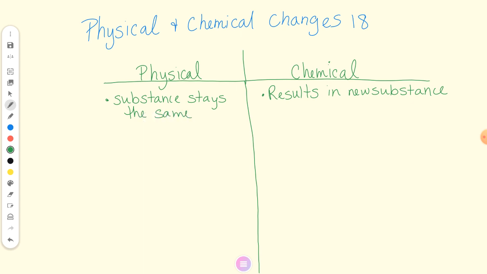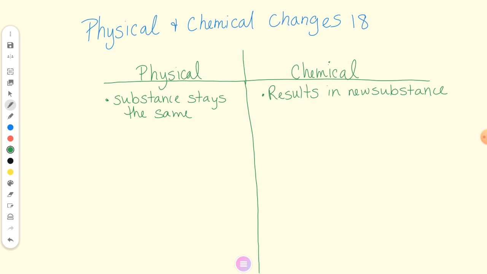Okay, so let's now just go to physical. So what are some things we said change in a physical change? The substance stays the same, but what are some things that could change? Gabe? The way it looks. Okay, how it looks. And I'm not going to write that one because that could also be in chemical. Let's be more specific. What could change?